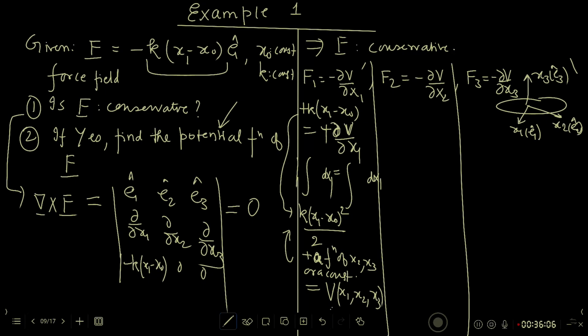Alright, now let's go and integrate this. F2 is 0. I am going to integrate both sides with respect to x2. Function of x1, x3 or a constant, and on the right hand side you will have minus v x1, x2, x3.